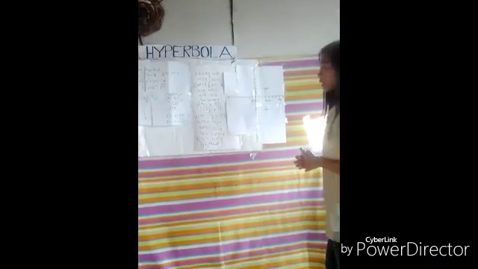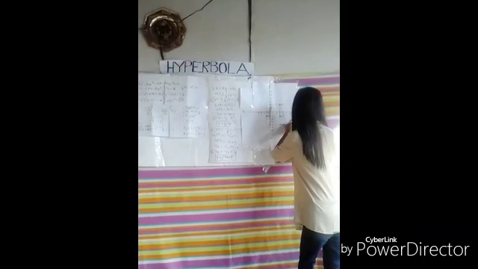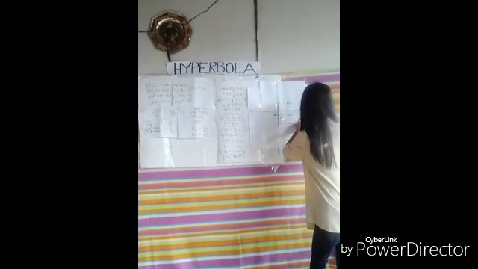So, after drawing the rectangle, we must locate the foci. Our focus 1 is 8, negative 1.